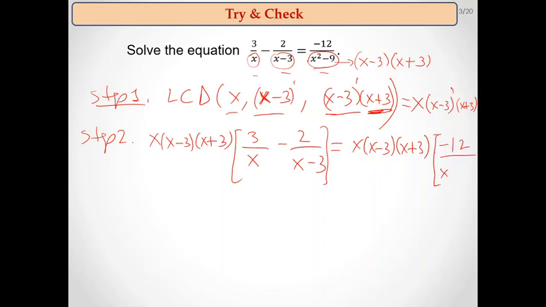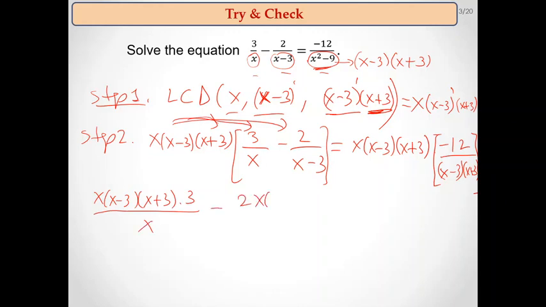And it's better you write here x minus 3 times x plus 3, because it will help in cancellations. So then distribute, and I can have this one x minus 3. Again, I'm using this logic here, a times b over c is equal to a, b over c.